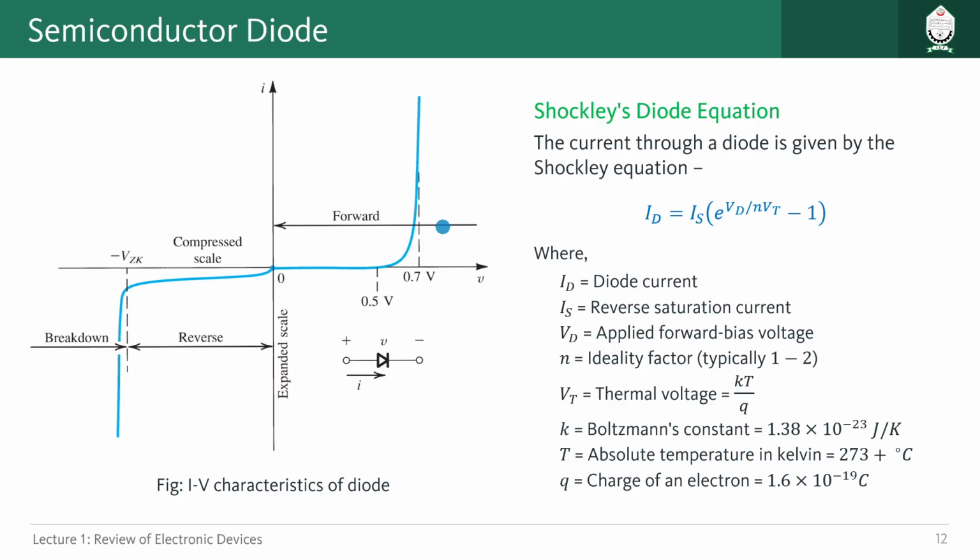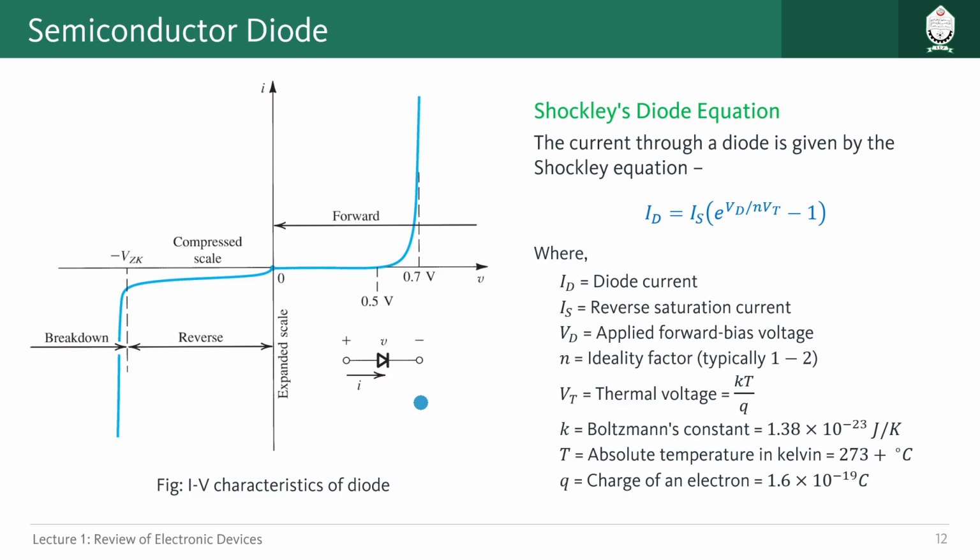That means for any voltage applied to that device, how the current is behaving, and with the change of voltage how the current can change, that is shown in this kind of graph called the IV characteristics graph. So this is the blueprint of every device we can see in electrical engineering.